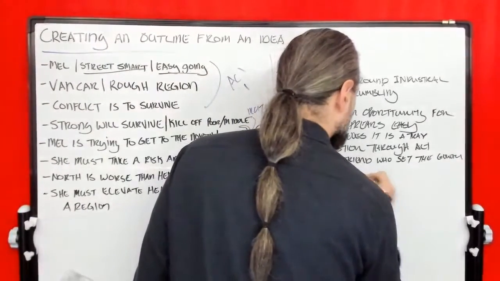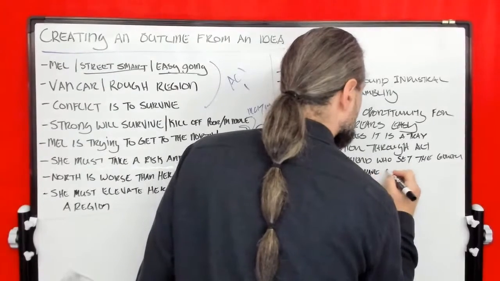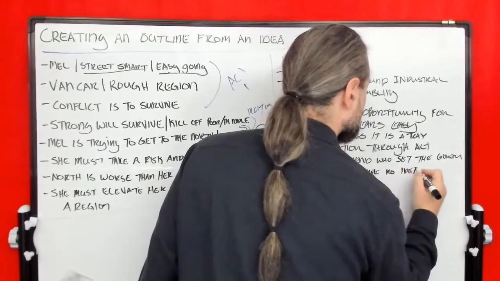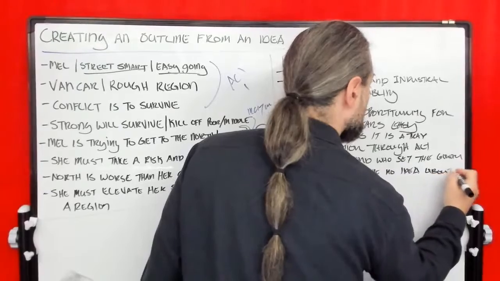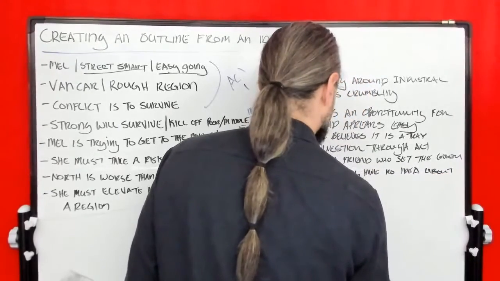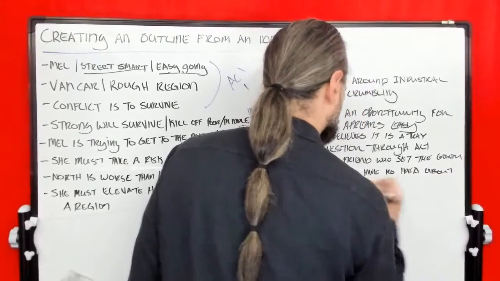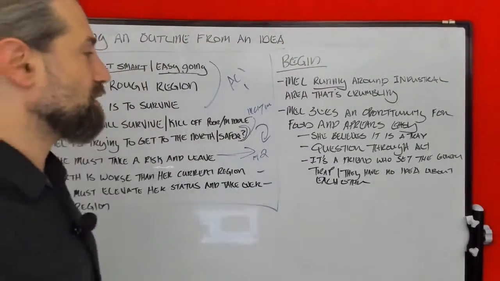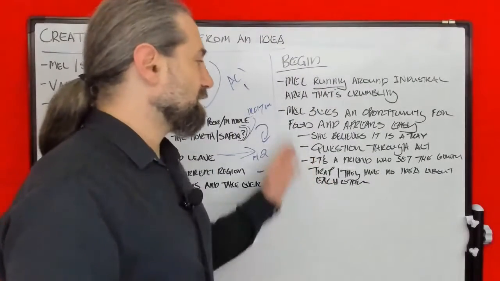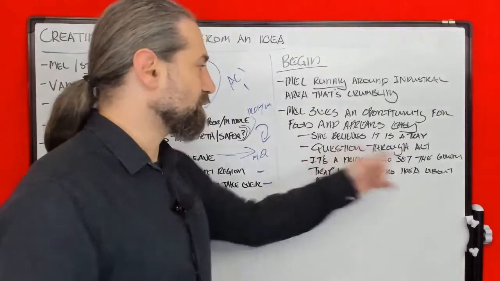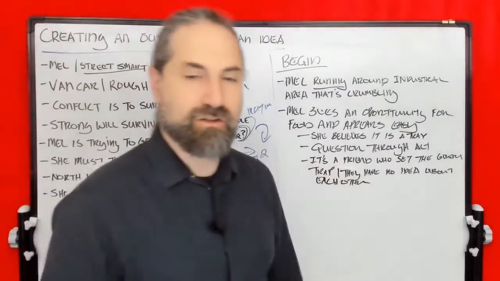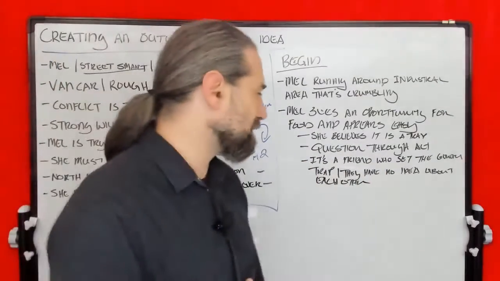They have no idea about each other. All right, but we don't let the audience know that. In the story, we know that it's a trap. She believes it's a trap. She questions through action. So she's double checking and second guessing herself.